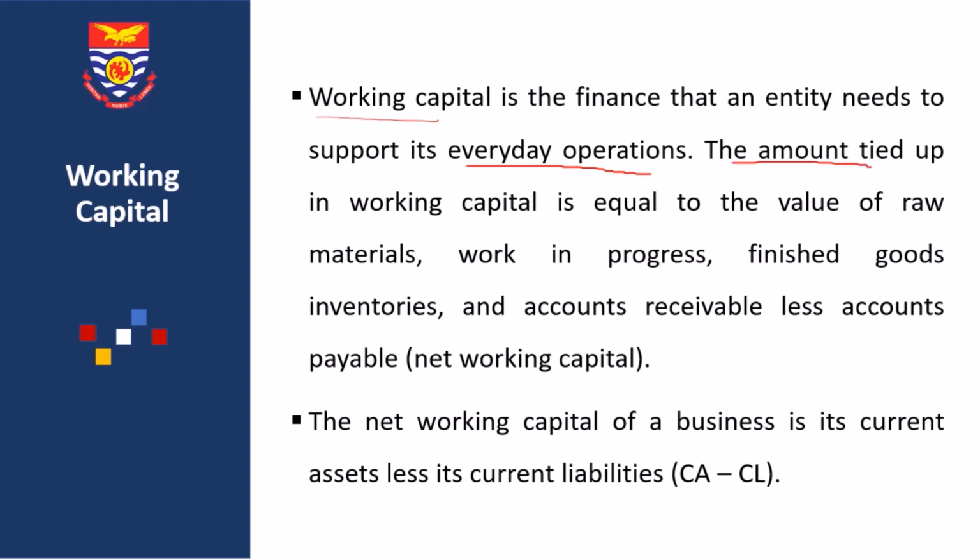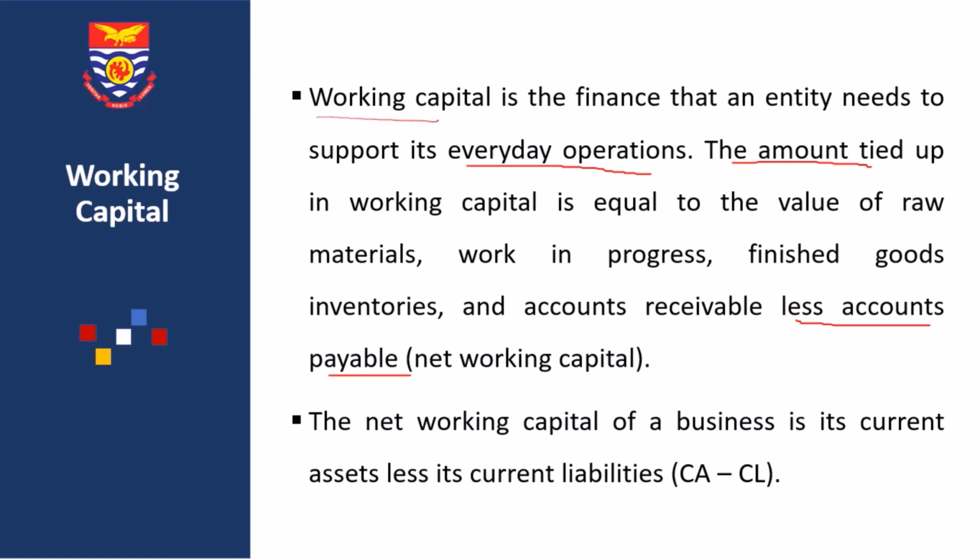The amount tied up in working capital is equal to the value of raw materials, our work in progress and finished goods inventories, and accounts receivables less payables. So that is the net working capital. The amount tied up in the raw material used by the organization, and also the uncompleted works, is what we term the work in progress.